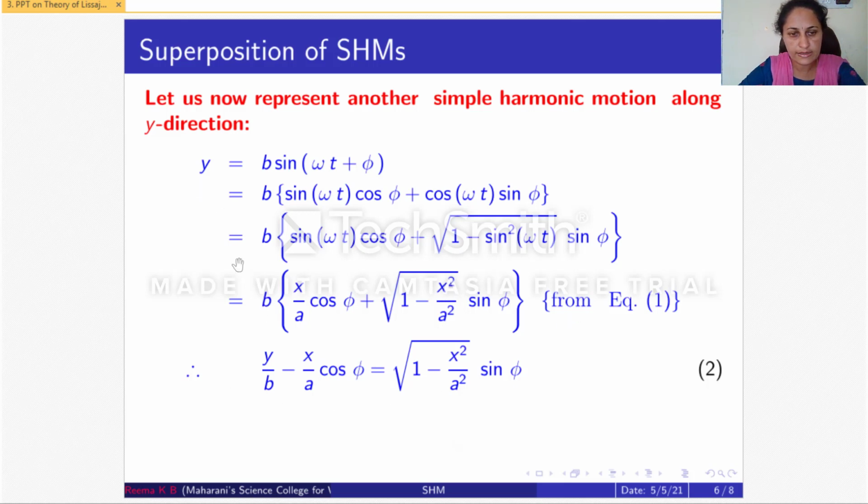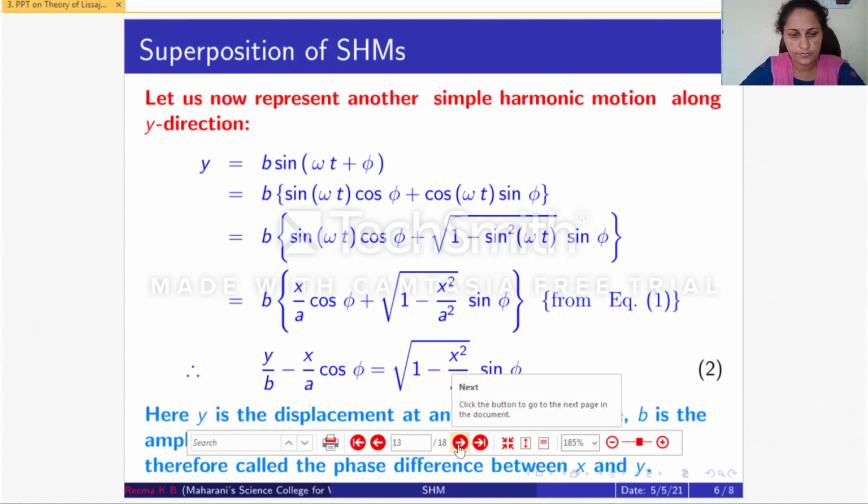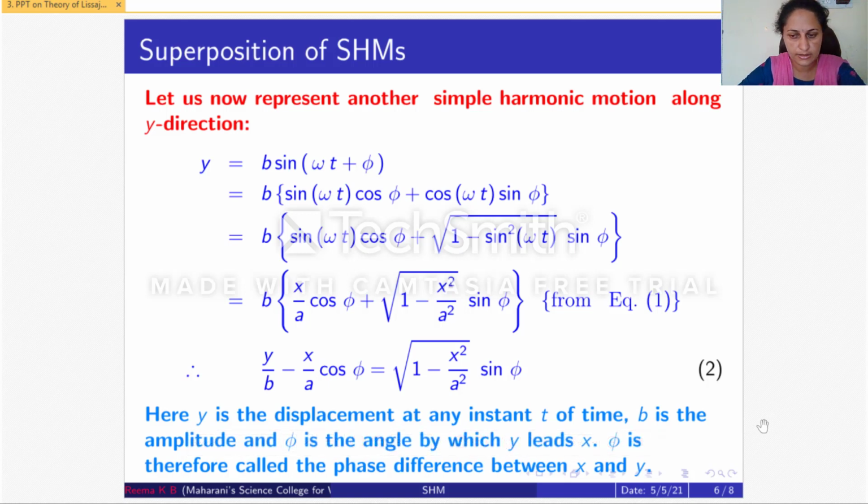Therefore, rewriting the above expression, we get y by b minus x by a times cos phi is equal to square root of 1 minus x square by a square. Let us consider this as equation number 2. Here, y is the displacement at any instant of time t, b is the amplitude and phi is the angle by which y leads x. Therefore, phi is called the phase difference between x and y.